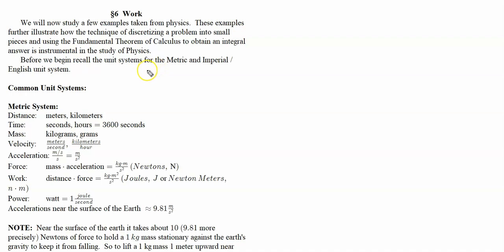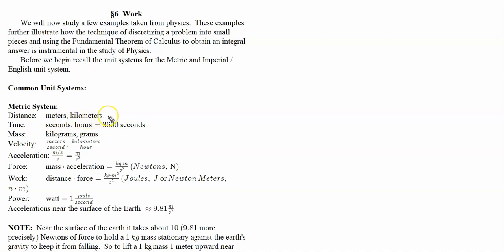So before we begin with some examples, let's recall the common units that we use in the metric system. Most of our discussion will be using metric units. So in particular, in the metric system, when we talk about distance, that's usually going to be in meters or kilometers.